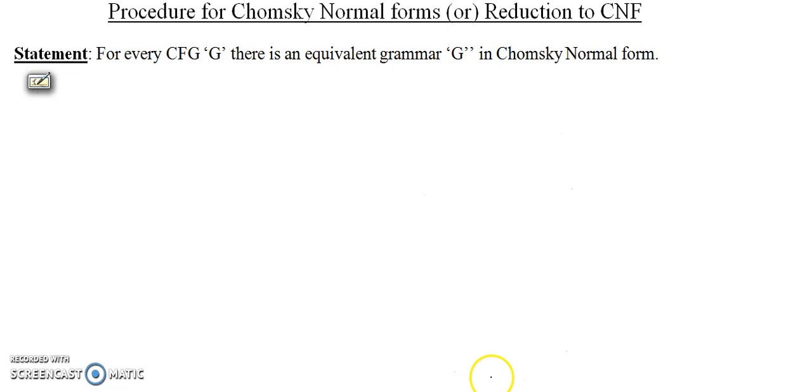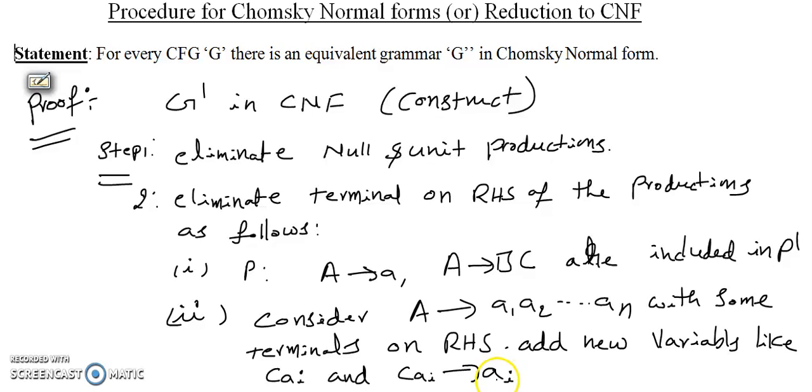So we have to replace a suffix i with C suffix ai, so that C suffix ai generates small a suffix i in P', for i equal to 1, 2 and so on n.